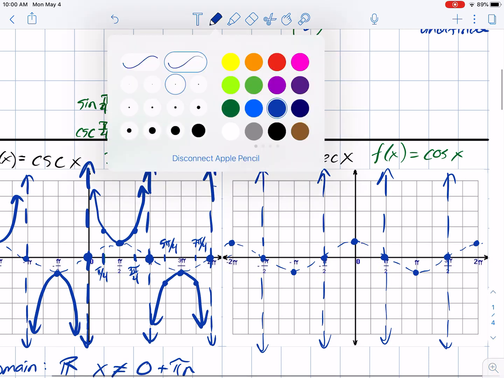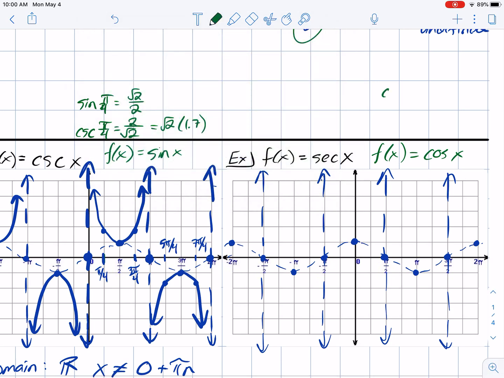If you were to evaluate the cosine of pi over 4, we would get √2/2. The reciprocal then, secant of pi over 4 would equal 2/√2, and we already talked about over here that that's about 1.7.